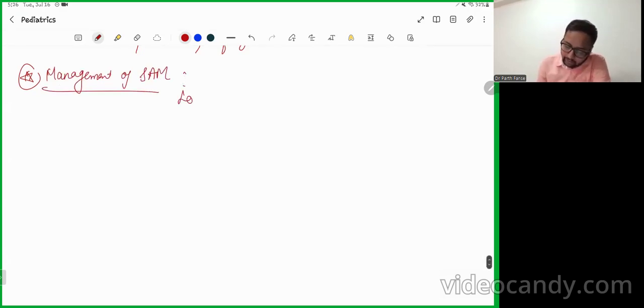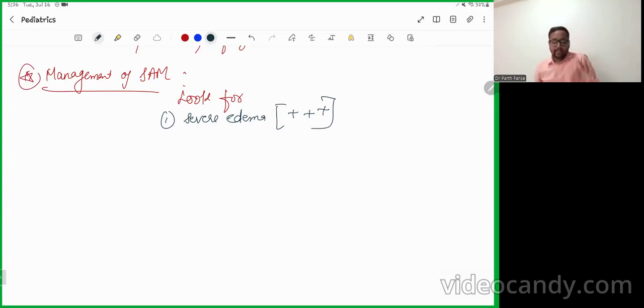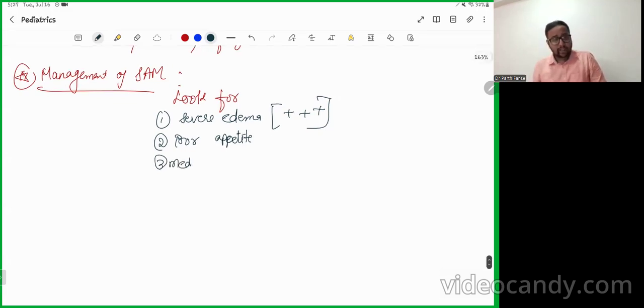We look for whether edema is present or not, then look for poor appetite. Then, is there any medical complication or not? It can also be whether a danger sign is present or not.